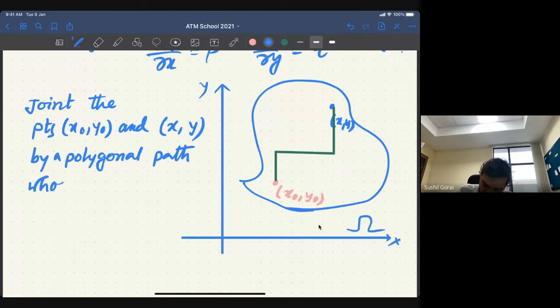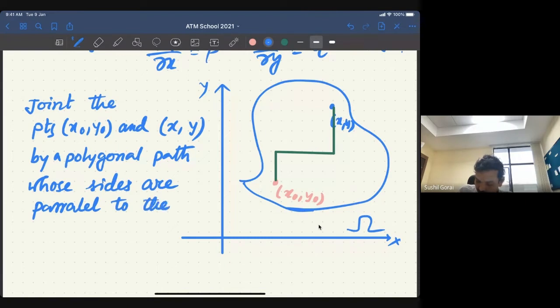whose sides are parallel to the axes, right?